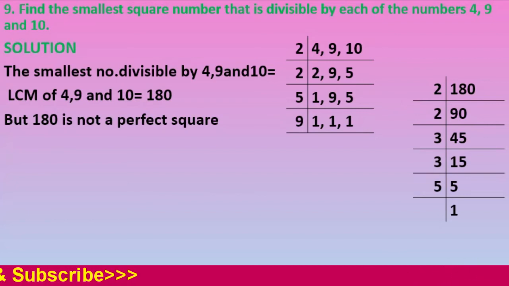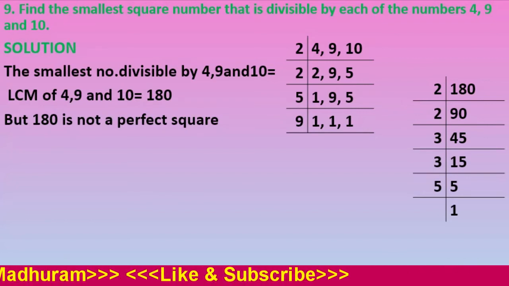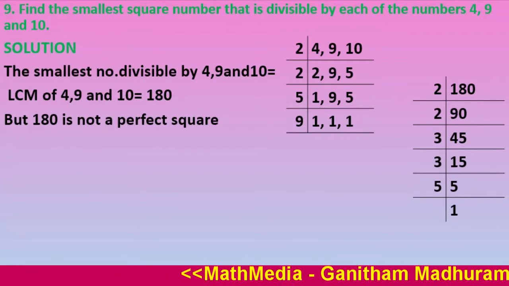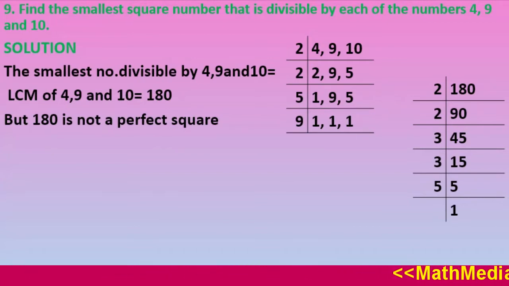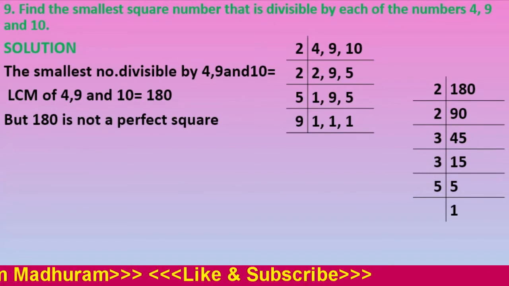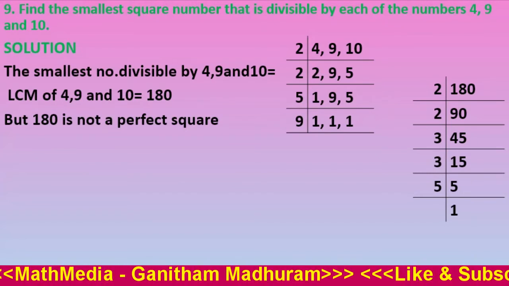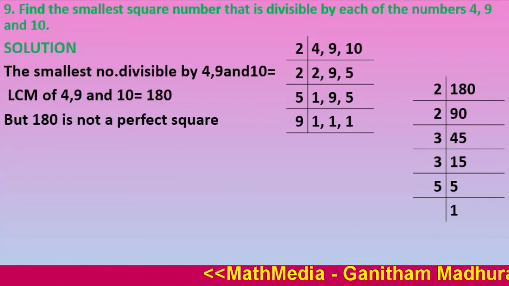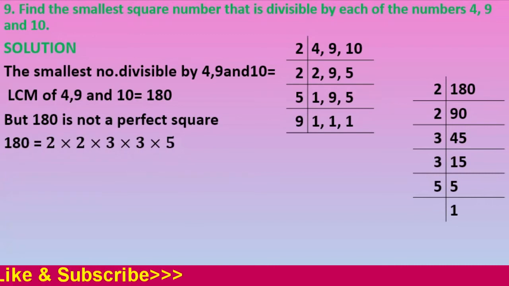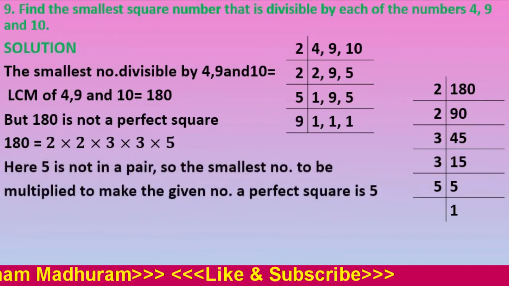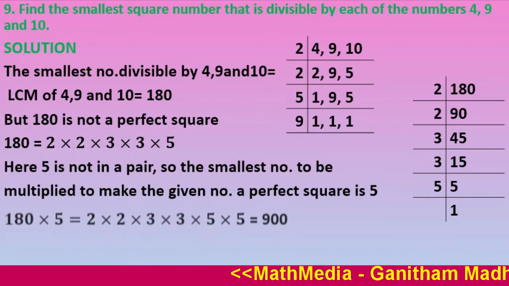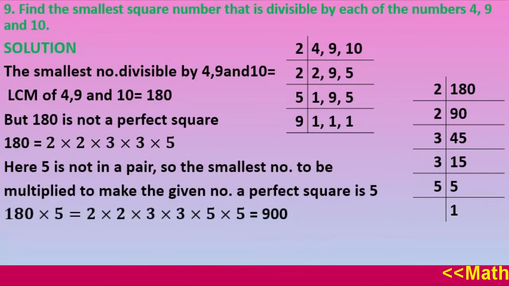But 180 is not a perfect square. We have to find the smallest perfect square that is divisible by 4, 9 and 10. So we can find the prime factorization of 180. While observing the prime factors, we see that 5 is not in a pair.